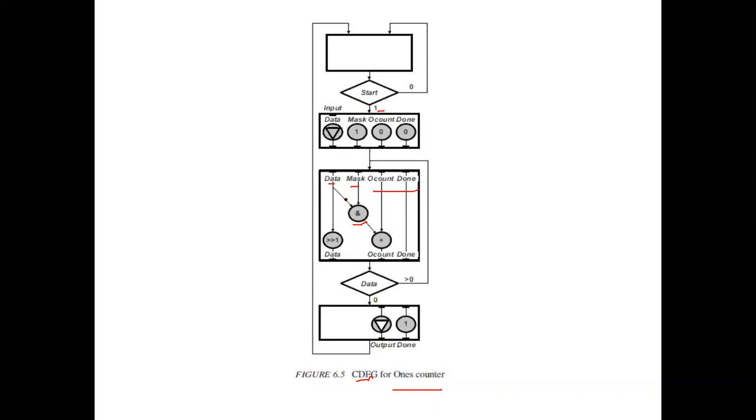In our previous code we called this temp; we are not giving the temp name over here. Whatever the data AND mask value is will be added to output count, that means output count equals output count plus data AND mask, and that will be stored as output count.